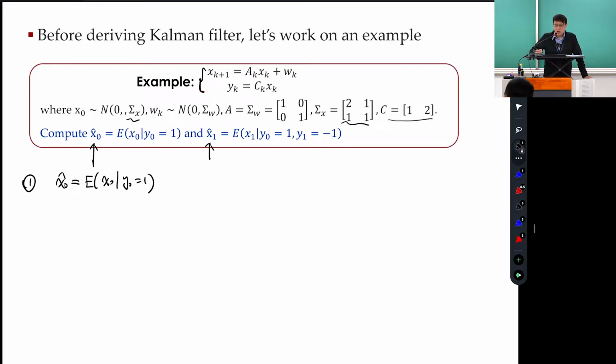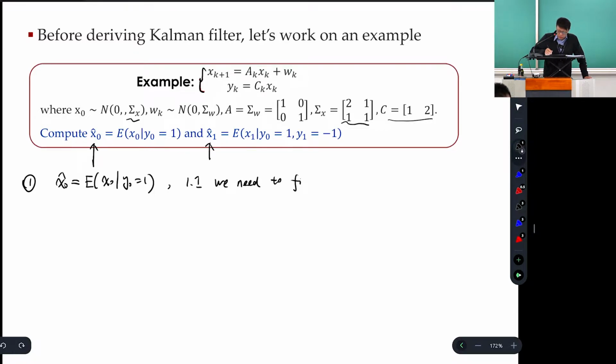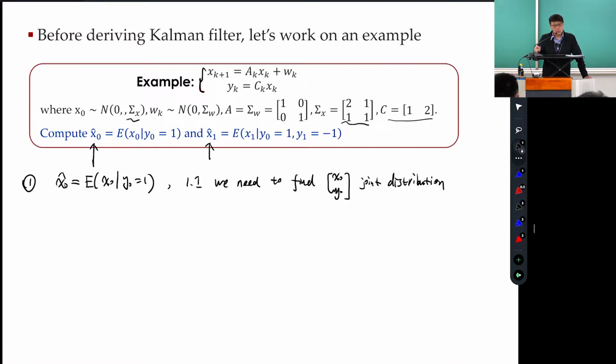X and Y are jointly Gaussian, so we first need to find the joint distribution of x0 and y0. Do we have it? No, we don't. We know x0 is Gaussian, and we know y0 is defined in terms of x0, but I didn't tell you their joint distribution. You need to find the joint first before we can move on.